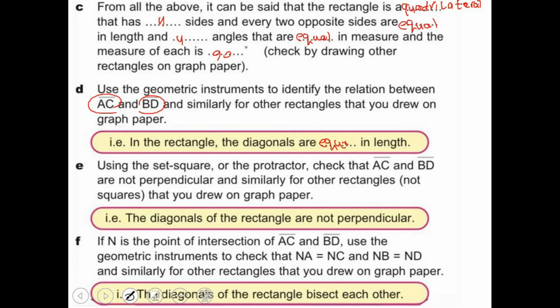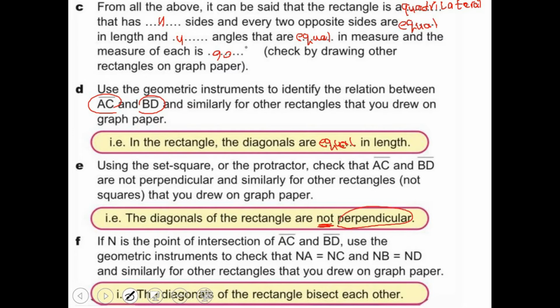Letter E, using the set square or the protractor, check that AC and BD are not perpendicular. And similarly for other rectangles, not squares, that you draw on graph paper. So the diagonals of the rectangle are not perpendicular.